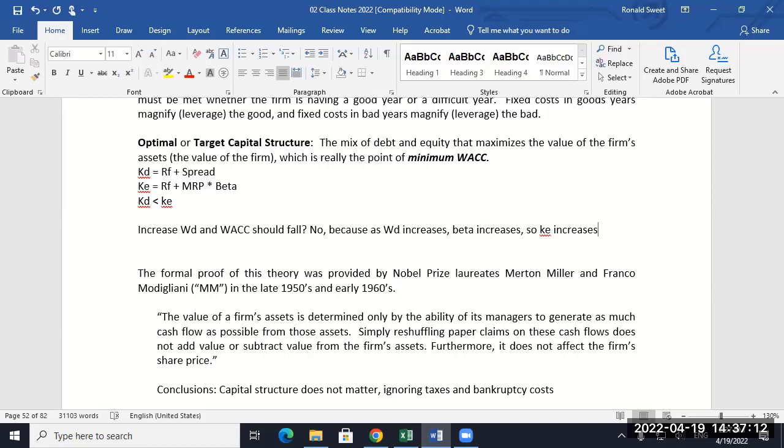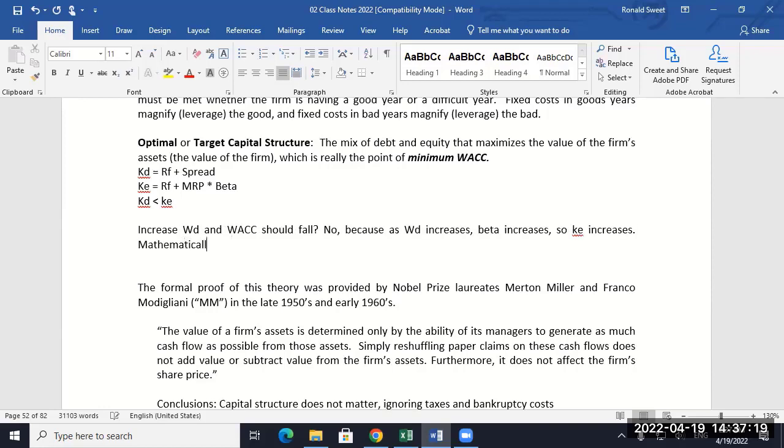Yeah, you get more weight of debt, that's cheaper, but your cost of equity is going to go up. And if you do the math, mathematically, KE increases exactly to offset the weighted debt increase. So WACC does not change.